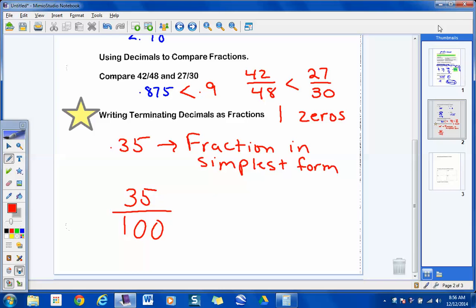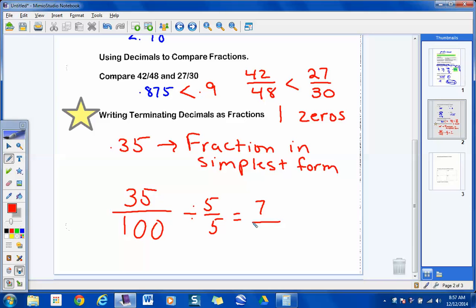So look at the 35, look at the 100. Can you think of a nice number that would divide evenly? Divide by 5. 5 will, right? How many times will 5 go into 35? 7. How many times will 5 go into 100? 20.